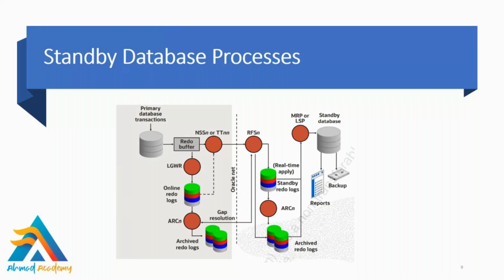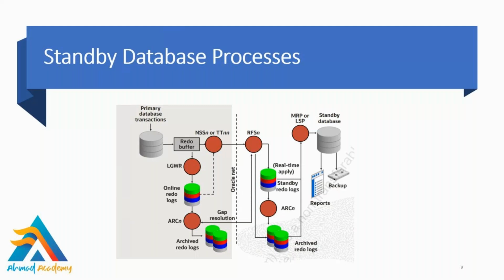And each NSSn and TTnn process from the primary database has its own RFS process. Now the archiver process is the same as on the primary database side, so I'm not repeating it again.